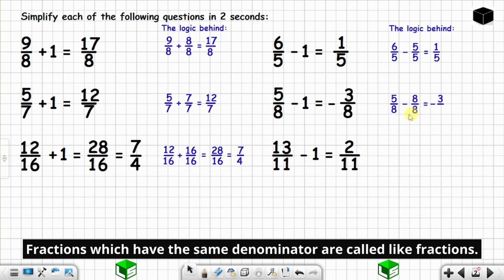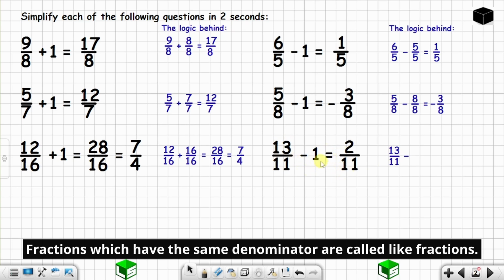This is over 8. And the logic behind this: you have 13 over 11 minus 1. You can change 1 in such a way that you have like fractions.